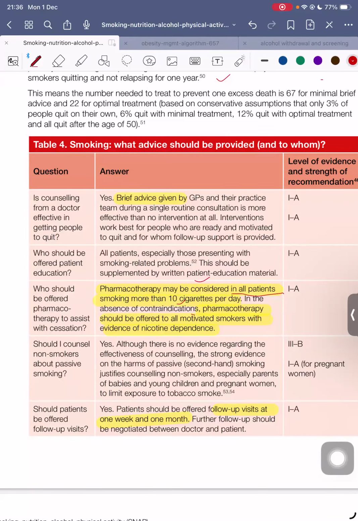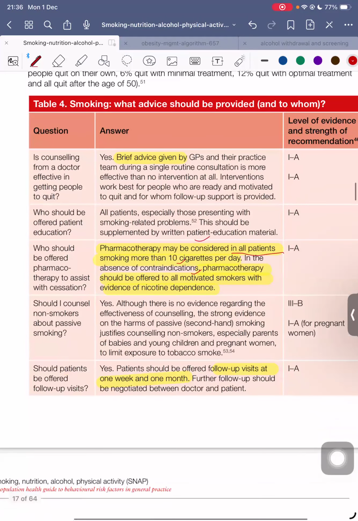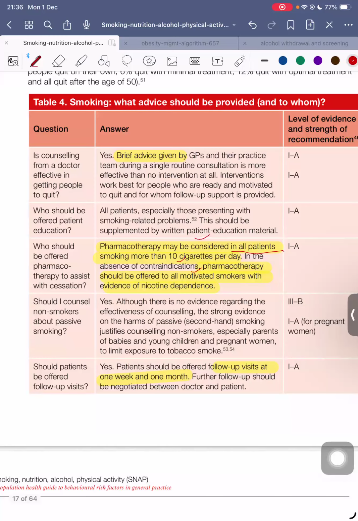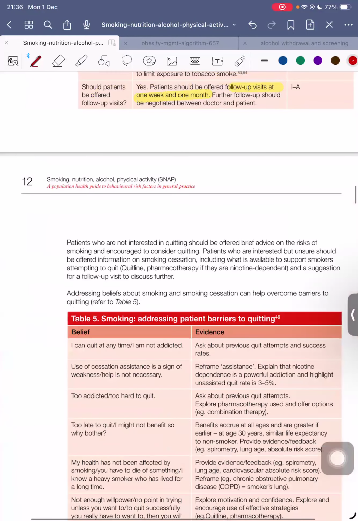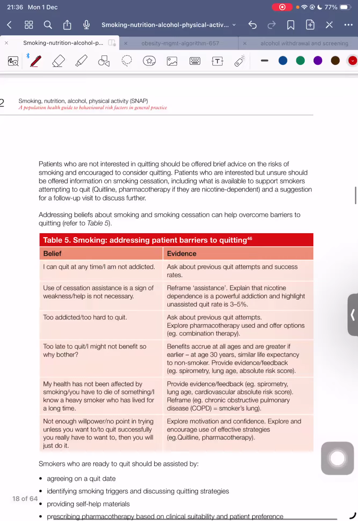In the absence of contraindications, pharmacotherapy should be offered to all motivated smokers with evidence of nicotine dependence. Okay. First we are doing the behavioral therapy, interviewing the patient. Then after that, we can consider pharmacotherapy.